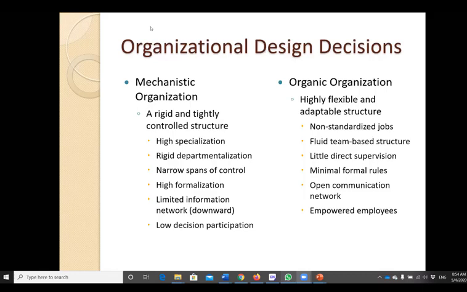My company is not so formalized, as it is an organic organization. It's more organic.